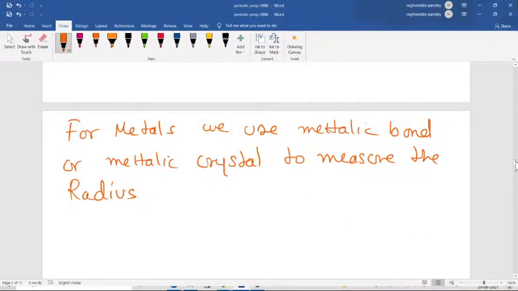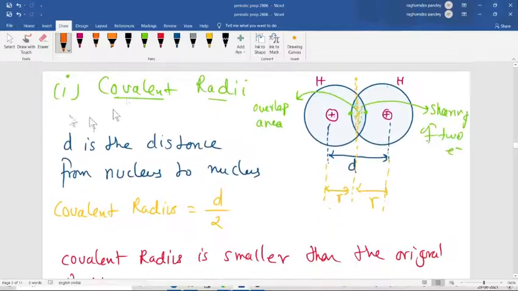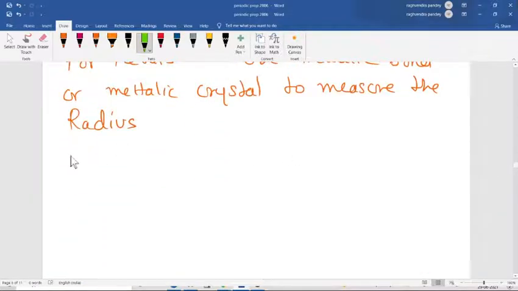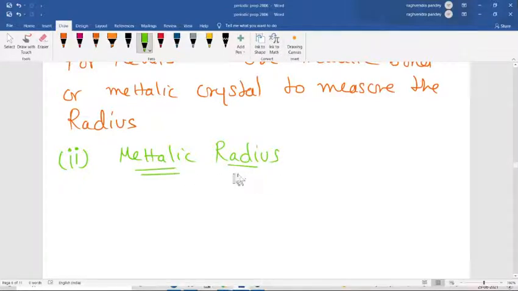So the first one is the covalent radius, and the second one is the metallic radius.